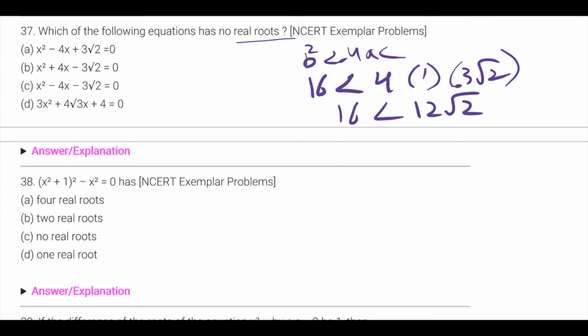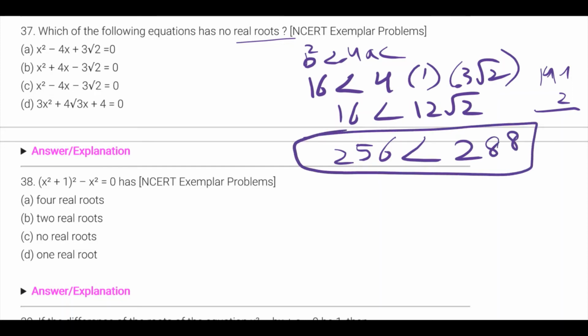Squaring on both sides, 16 square is 256 less than 144 into 2. So 144 into 2 is 288, which is correct. So option A, b square is less than 4ac, which contains imaginary roots.